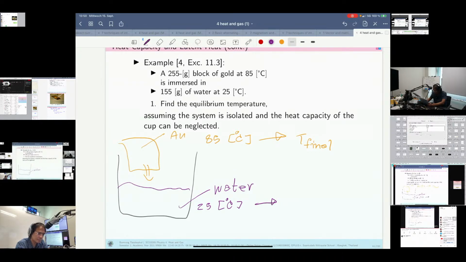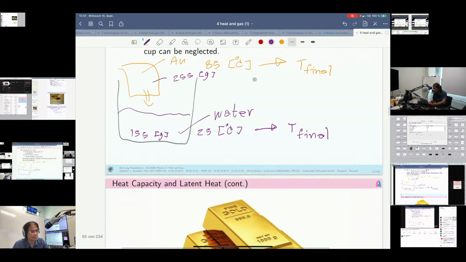It reaches T final too, right? When they stay together, they would have the same temperature, right? And the mass of this one is 155 gram, and this one is 255 gram, the mass of gold.